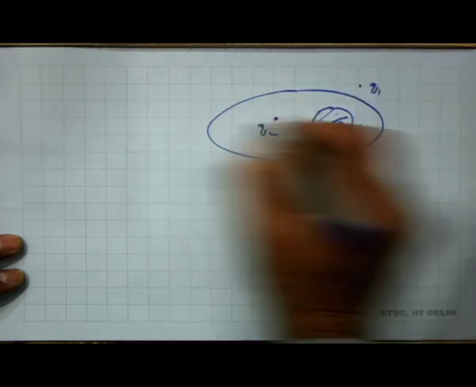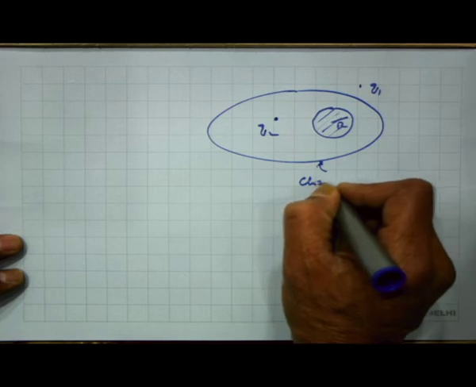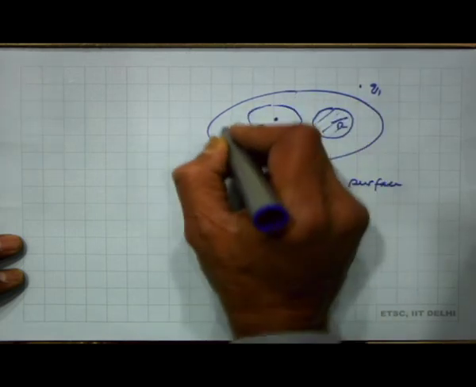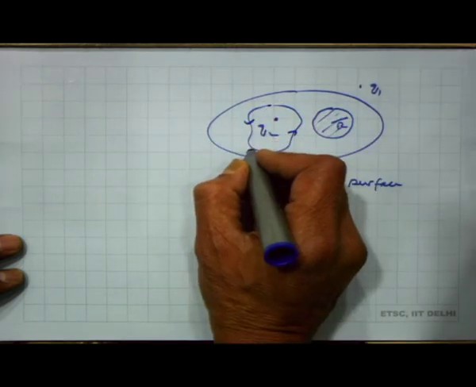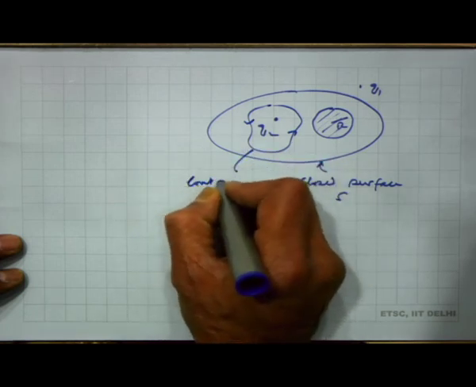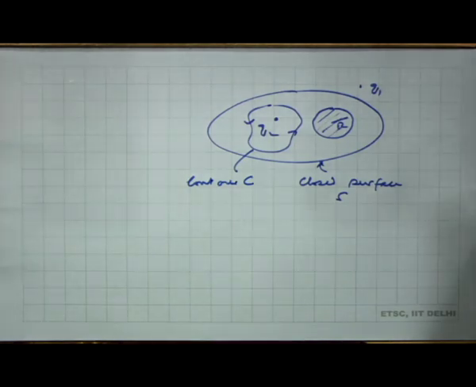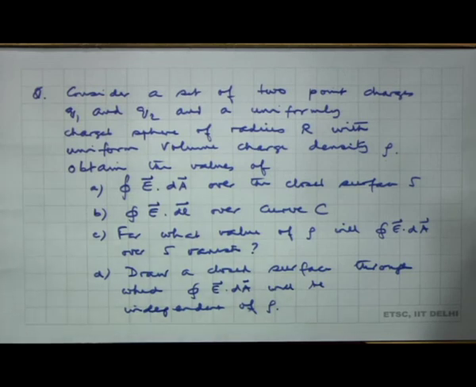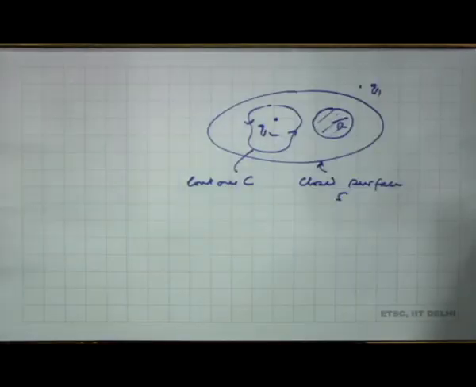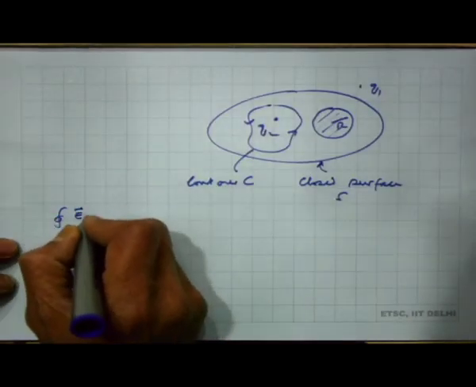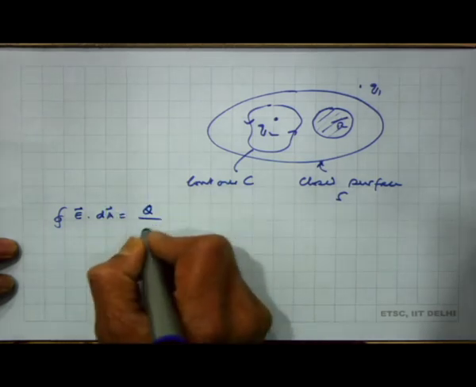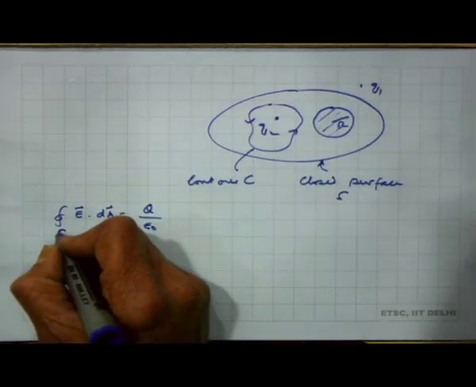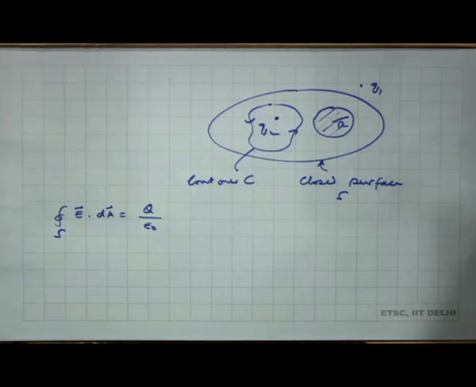So, that is my closed surface S and that is my contour C. So, the first thing is what is the value of integral E dot dA over the closed surface S. We know from Gauss's law integral E dot dA is equal to charge enclosed by epsilon 0.